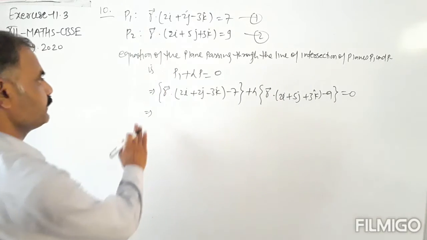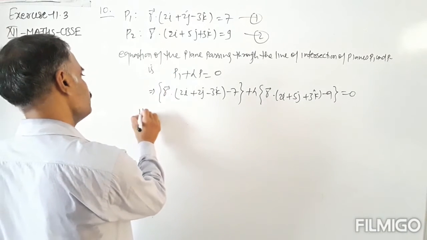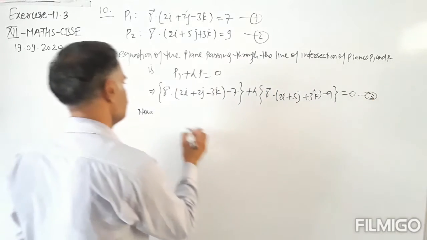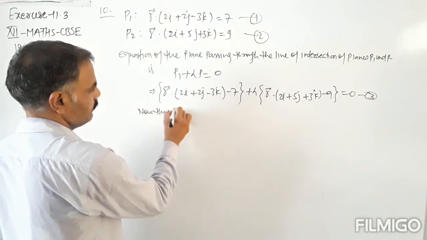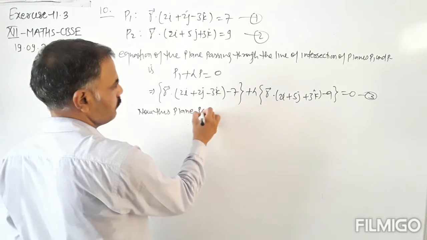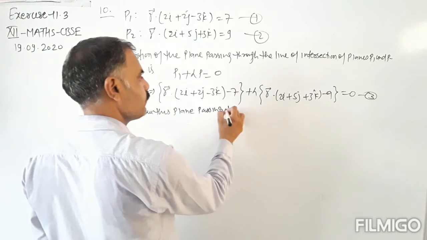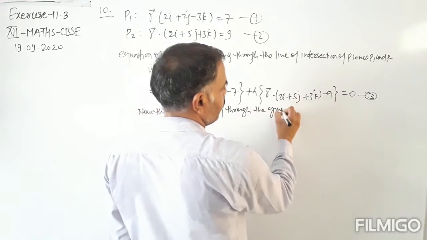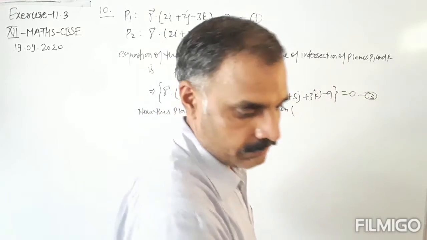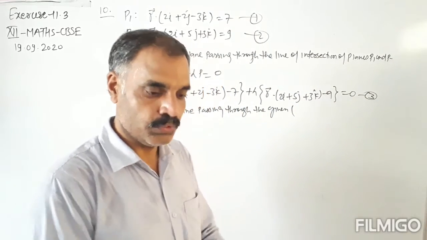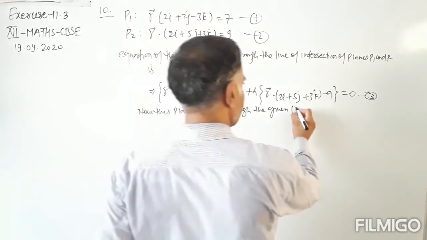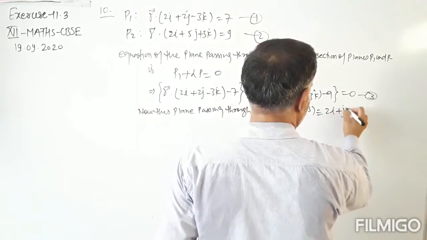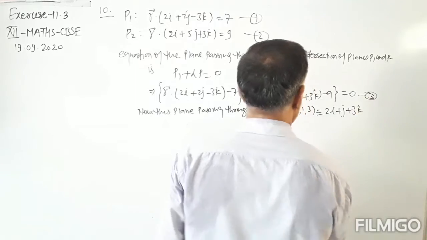Now it is given that this equation third, or this plane, passes through the given point, and the given point is (2, 1, 3), that is 2i cap plus j cap plus 3k cap.